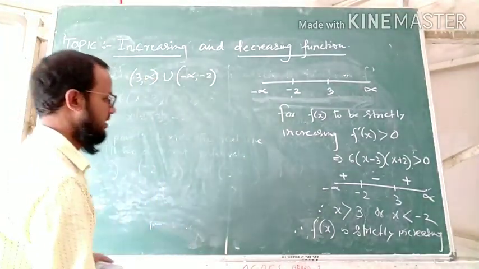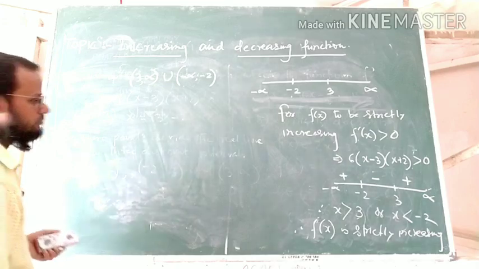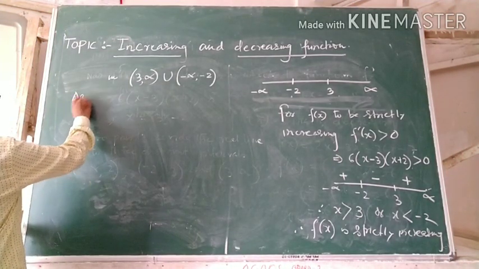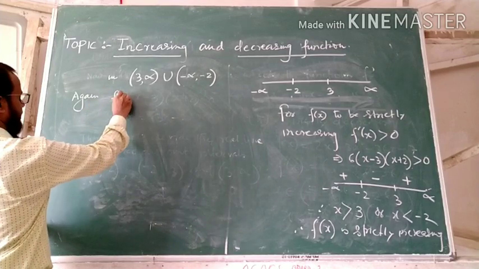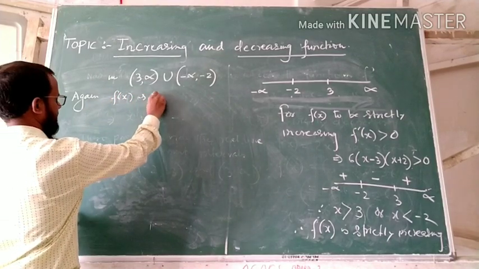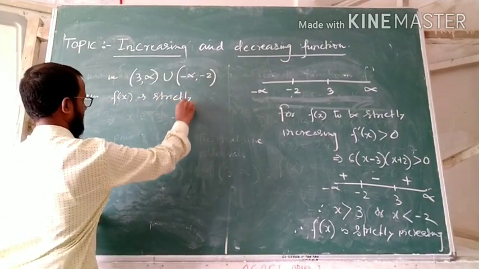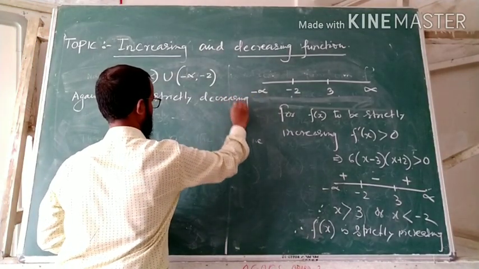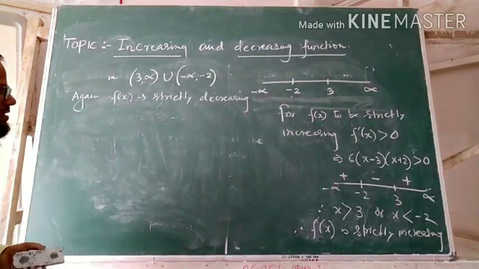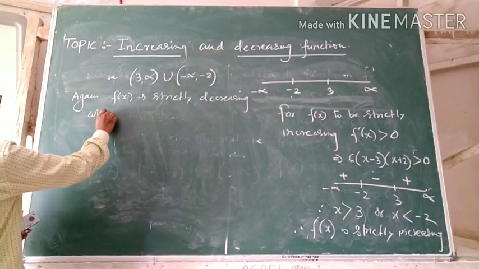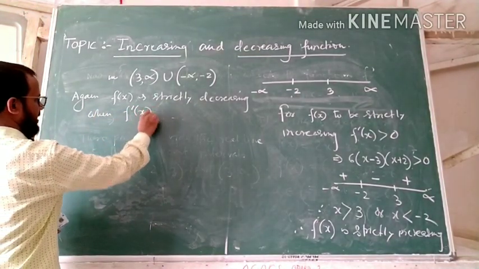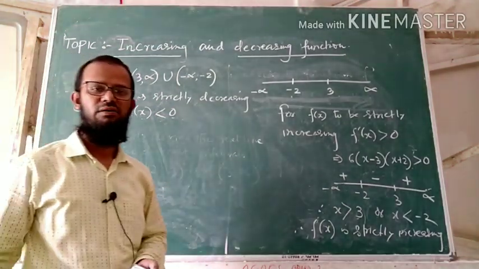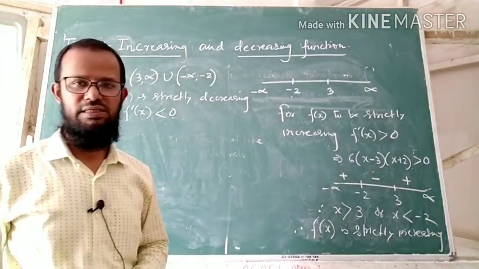Okay. Now you can say again f(x) is strictly decreasing when f dash x is less than 0. In the earlier class we have discussed that f dash x means what?